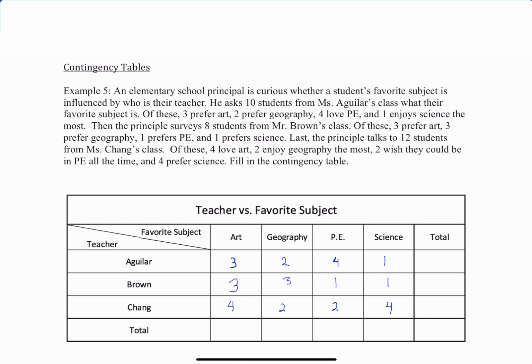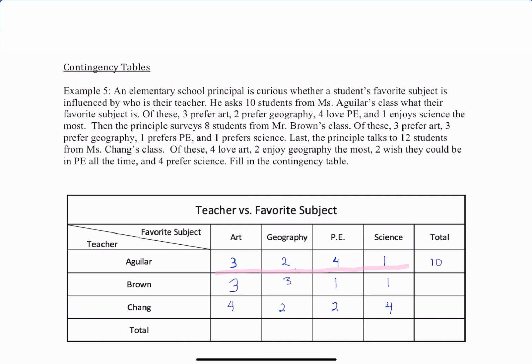The one other thing we should do is fill in our totals. So let's start up here. This box is to fill in the total for that row. So I'm going to go 3 plus 2 is 5, plus 4 is 9, plus 1 is 10.